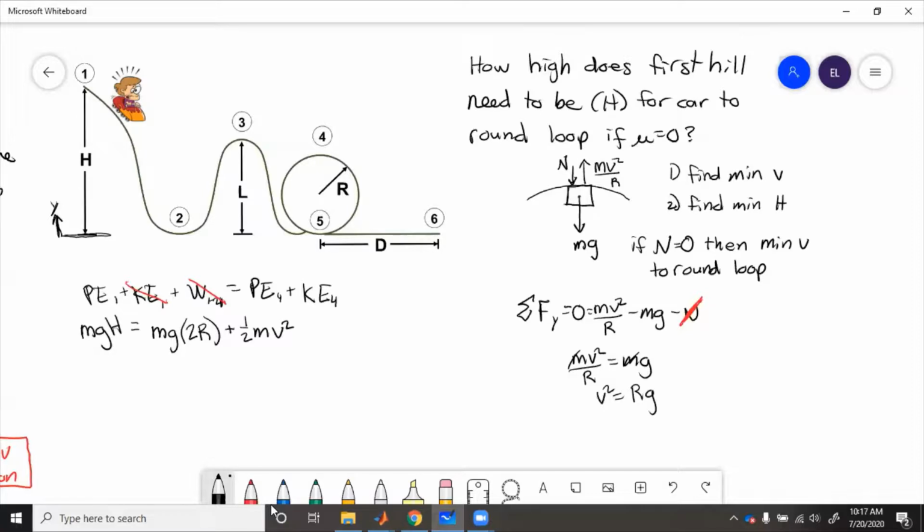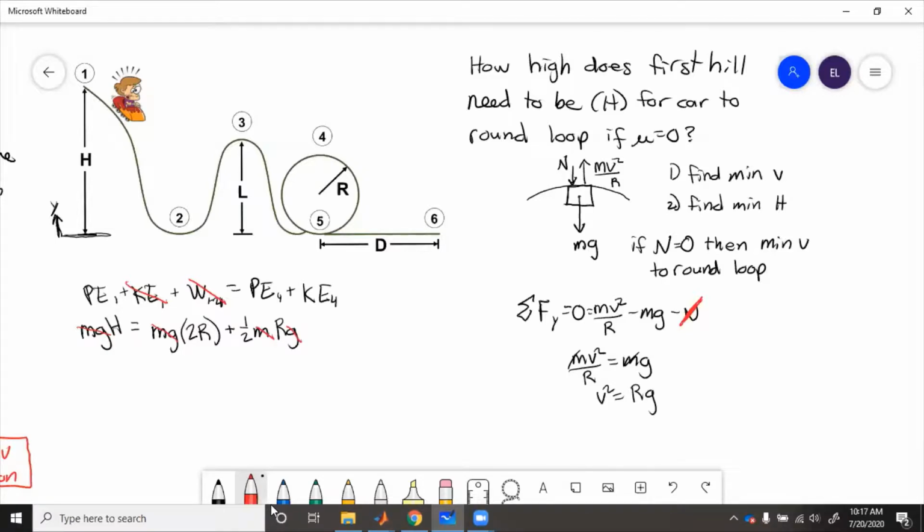But we know v squared is the same as rg, so we'll write that. Now conveniently, the m and the g cancel. So we cancel mg here, mg here, mg here.